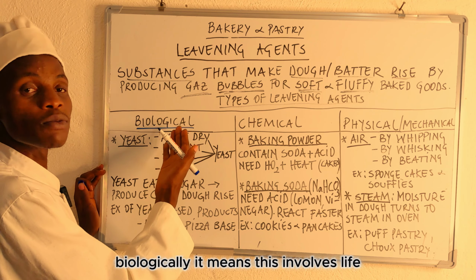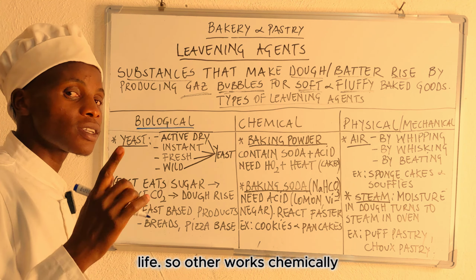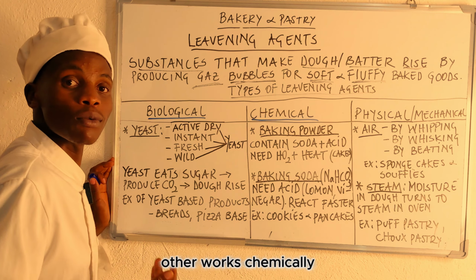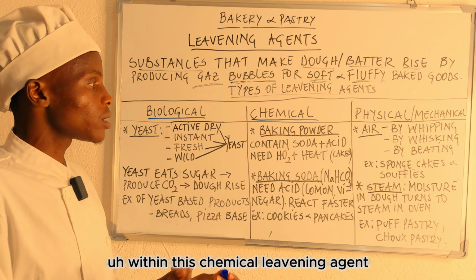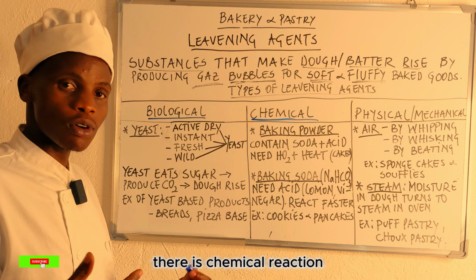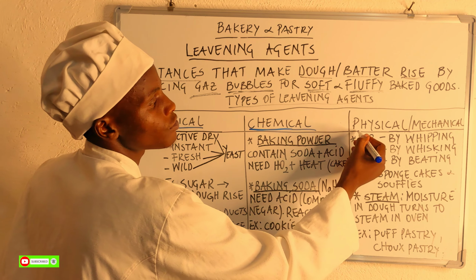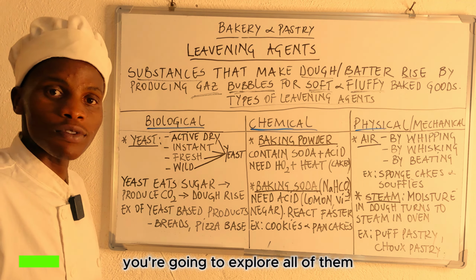It means this involves life. Others work chemically. It means there are chemical reactions within this chemical leavening agent. There are also leavening agents that work physically or mechanically. We are going to explore all of them.